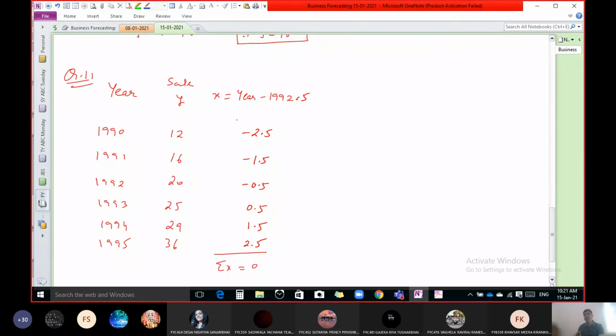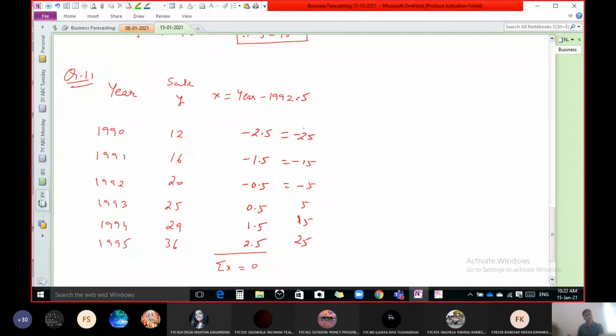But because of these values in fraction, calculation becomes slightly difficult. Is there any way to convert this fraction value into integer? Multiply by 10. Perfect. So multiply this by 10. If you multiply by 10, we get minus 25, minus 15, minus 5, plus 5, plus 15, and plus 25.